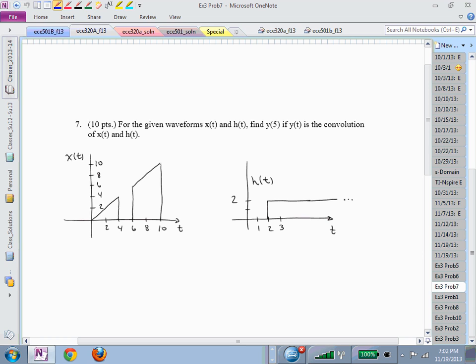When are you going to stop seeing an output response from this system? Never, right? Because the impulse response just keeps going. It has an infinite tail, doesn't it, for the impulse response. So if you ever excite this, you'll wait 2 seconds or 2 units of time before it starts singing, but then it sings forever, doesn't it?